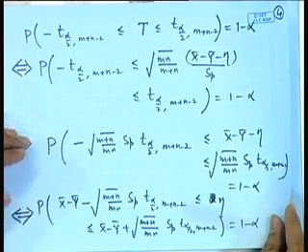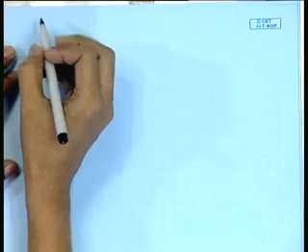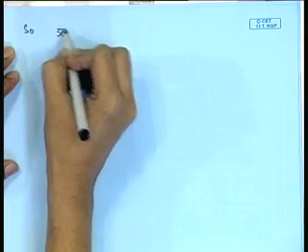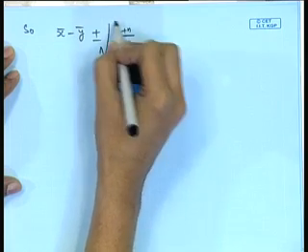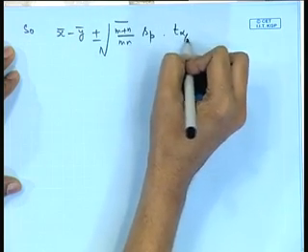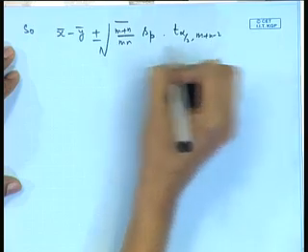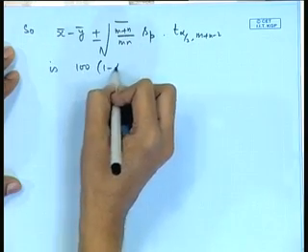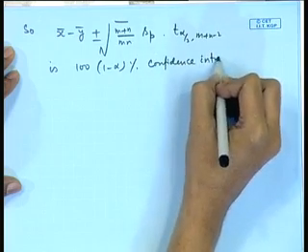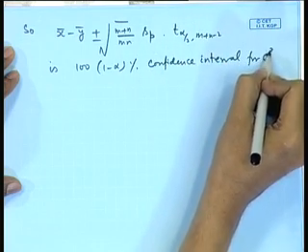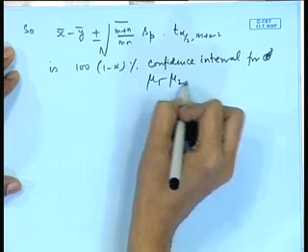So, in the situation when the variances of the two populations are unknown, but equal, the confidence interval for mu 1 minus mu 2 is obtained as x bar minus y bar plus minus square root m plus n by m n S p t alpha by 2 m plus n minus 2. So, this is giving a 100 times 1 minus alpha % confidence interval for mu 1 minus mu 2.